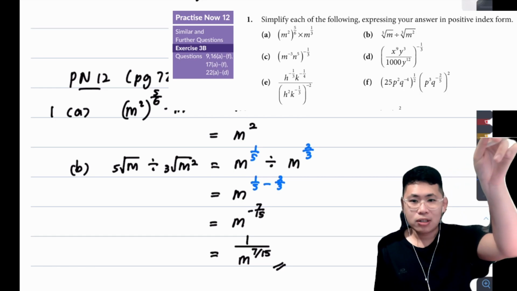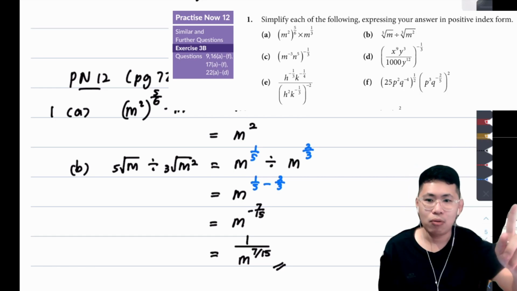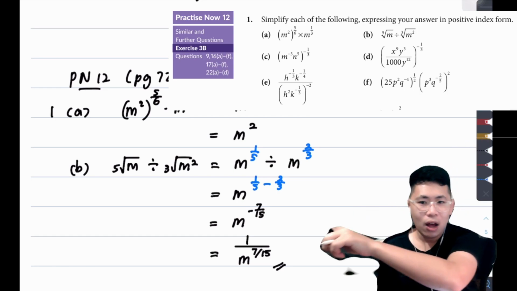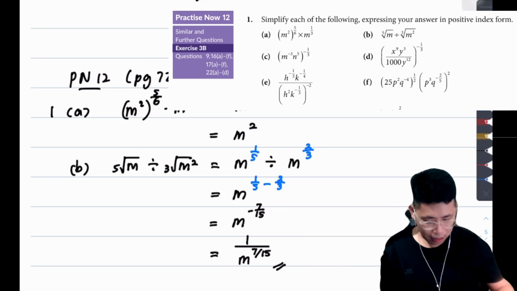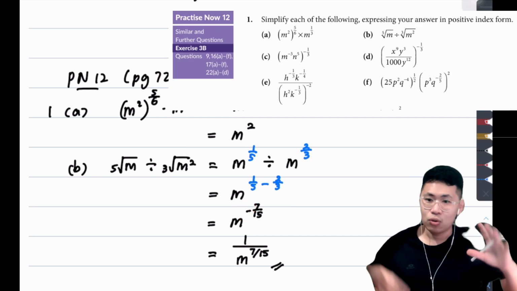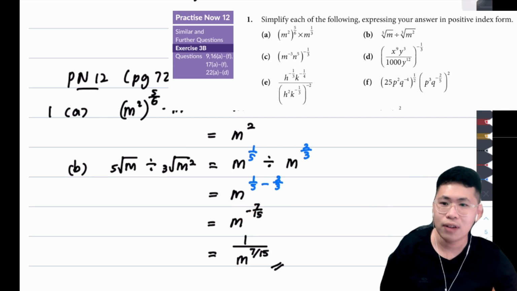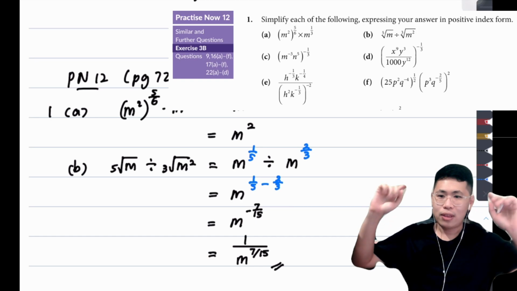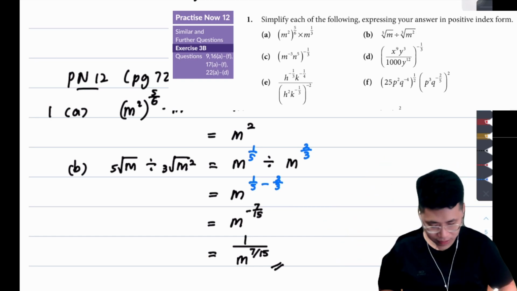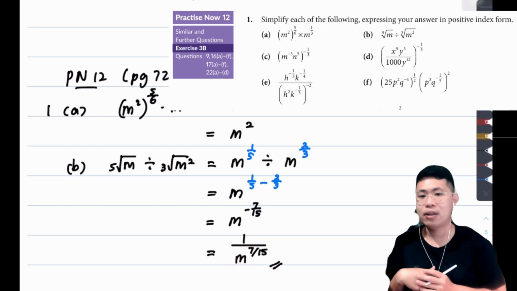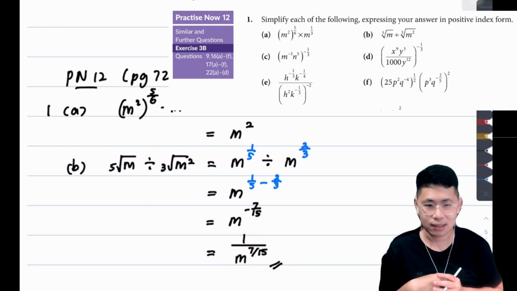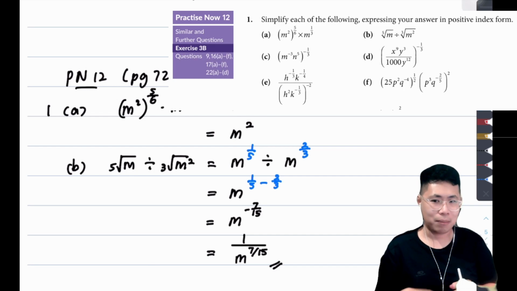And we want positive index form, which means our power must be a positive number. Now it is a negative number. How do we get rid of this negative number? We need to use the definition of negative indices. Negative power means send it downstairs. So 1 over m to the power of 7 over 15, positive index. Okay, so this is part B.